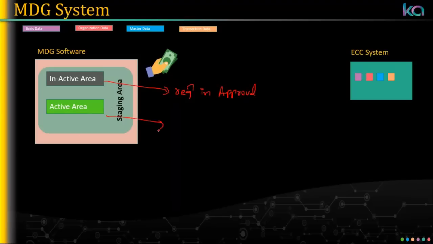Active area is responsible to store approved requests. That means, just for an example, if someone is raising a leave request, till it gets approved or rejected, it will be available in the inactive area. After it is approved, then it will be available in the active area.